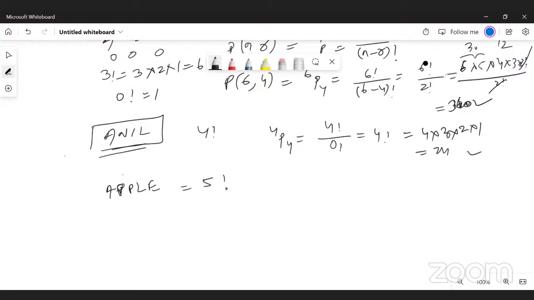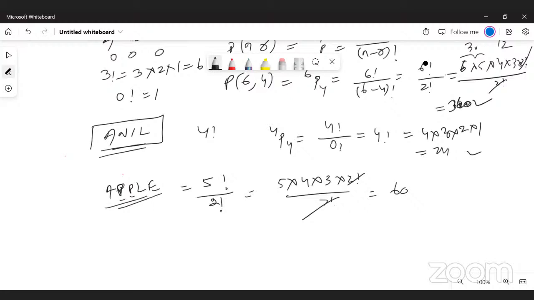That is not the answer, because there is repetition. Wherever there is repetition, we divide by that factorial. So the answer will be 5 into 4 into 3 into 2 factorial divided by 2 factorial; cancelling out, it becomes 60. That's the 60 ways we can arrange the term APPLE.